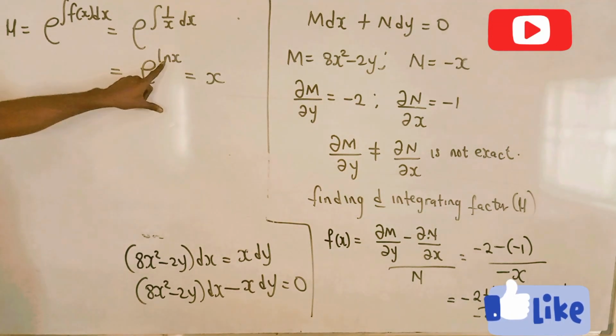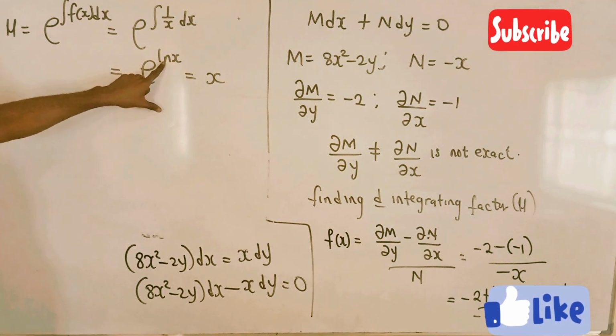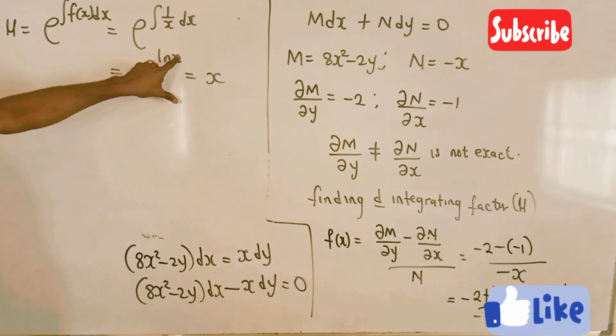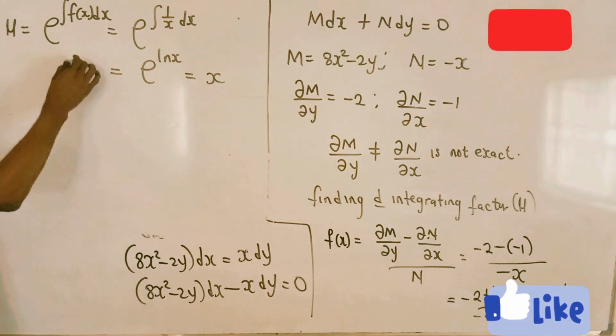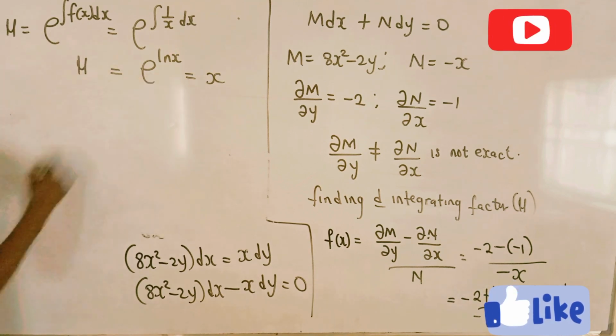That's when you take the natural logarithm, log of x to the base of e, you find out the x becomes the answer you're going to have there, so that our integrating factor is equal to x.